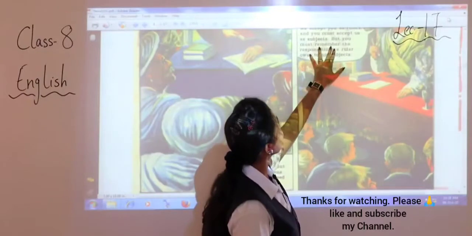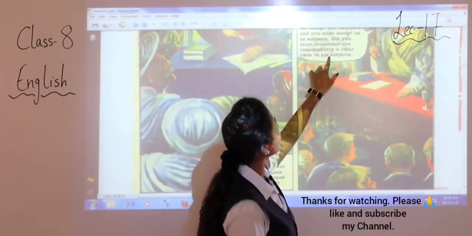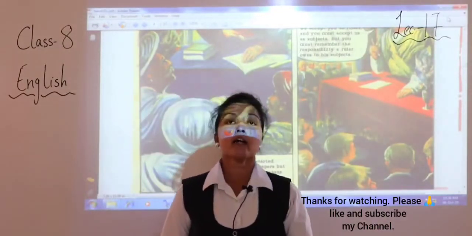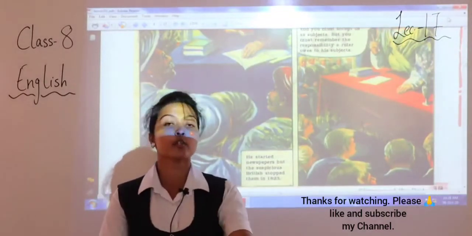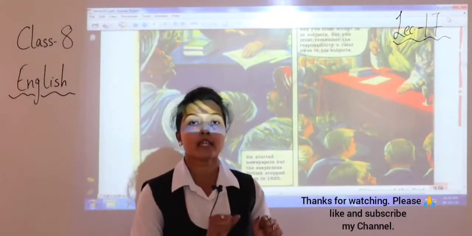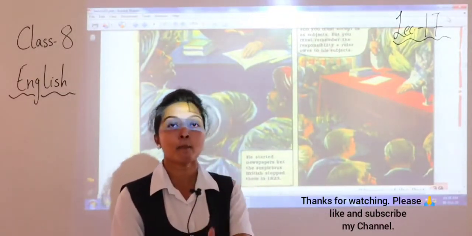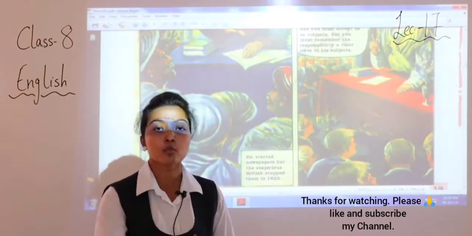But you must remember the responsibility a ruler owes to his subject. If we are ready to accept you as a ruler, then it is your duty to accept us as persons, and you must keep in mind the responsibility a ruler has toward their subjects.